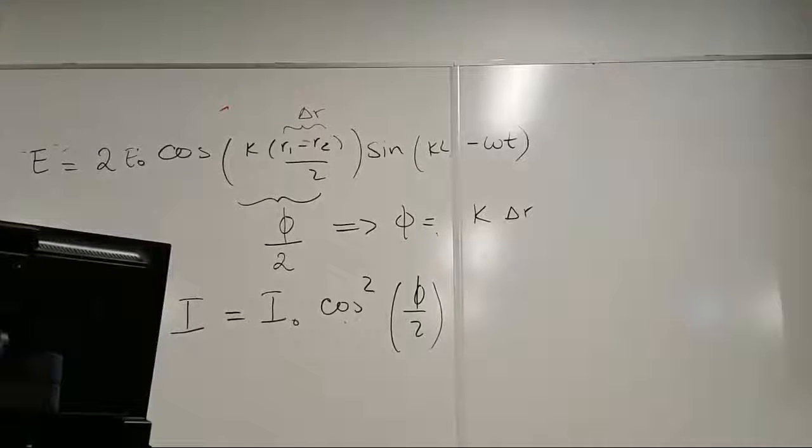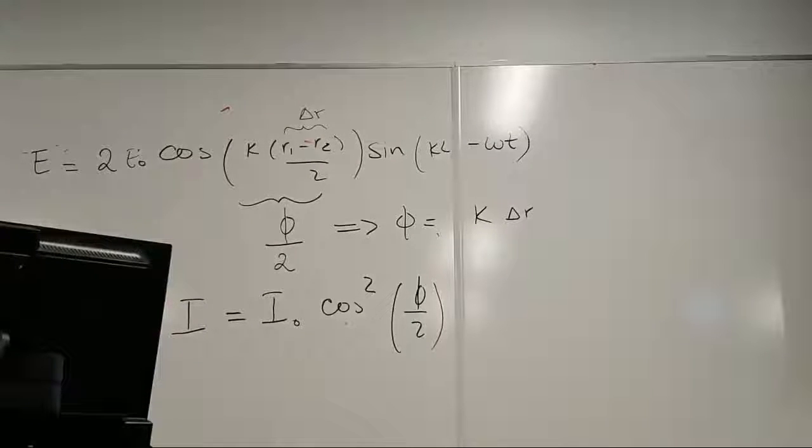One possibility is 0. What other possibility? So this has to be equal to m pi, right, where m is equal to 0, plus or minus 1, plus or minus 2, etc. That would be the case of constructive interference, right? That gives you the maximum intensity.